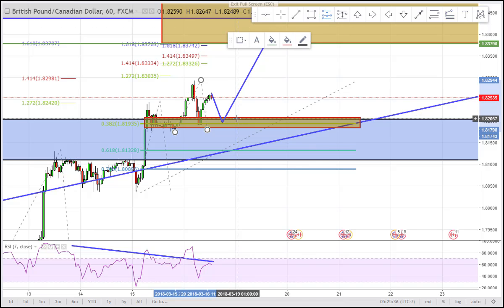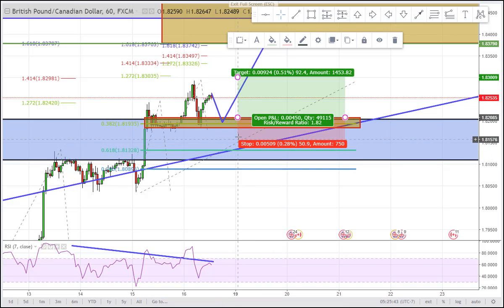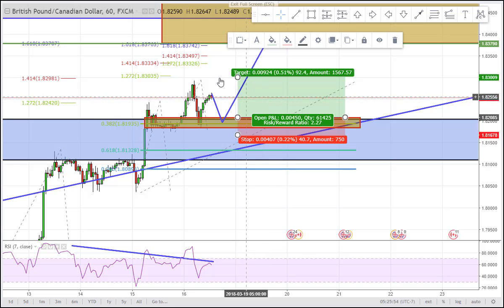Entry might be somewhere at this area. Stop loss would have to be a few pips below our lowest low, where we're looking at a 32 pip stop. So with 5 to 10 pips below, you could be looking at a possible 40 pip stop loss.